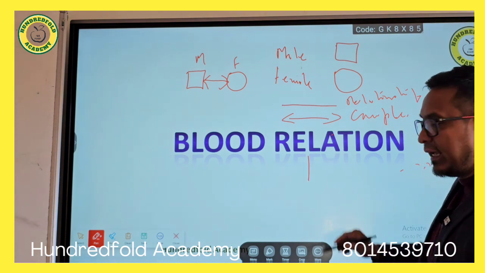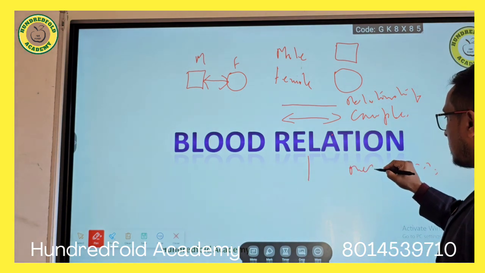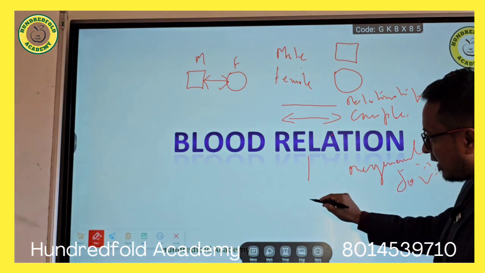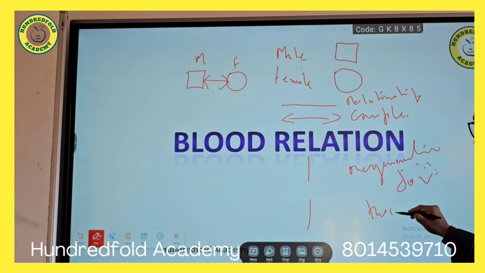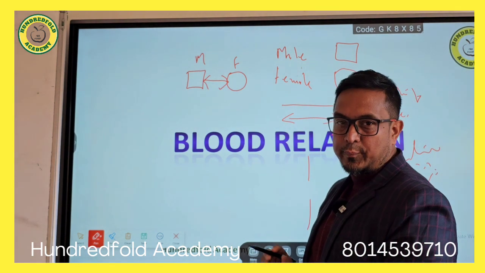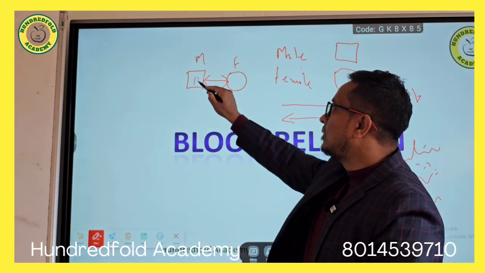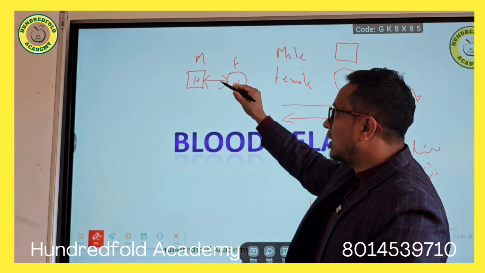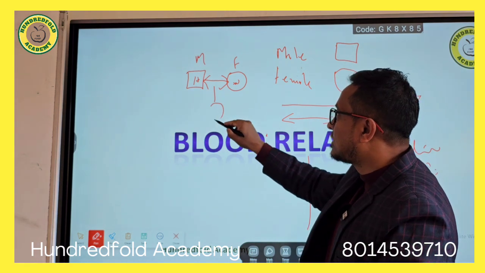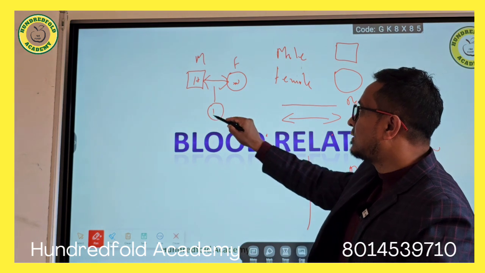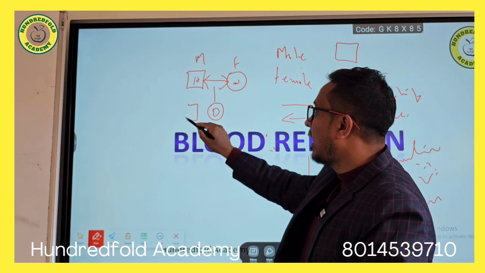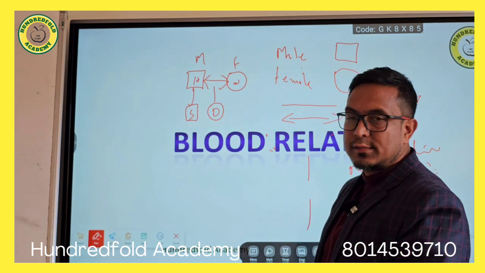Now if I draw one line down, it's one generation down. If I have another line, then it's two generations down. So this is a married couple, husband and wife. If I put one line down, that means the next generation. If I put a circle, that means she is their daughter. If I put a square, that means son.